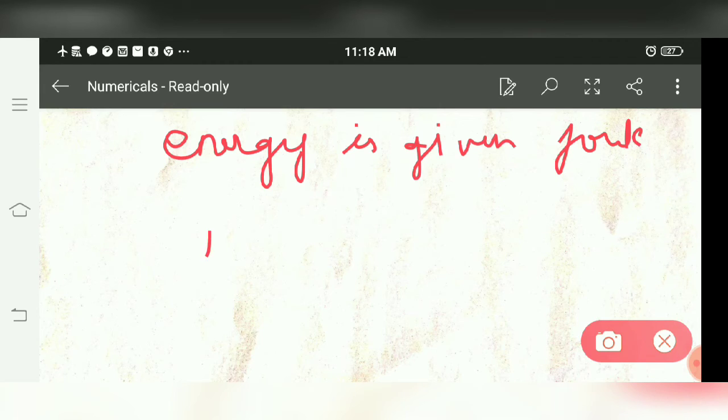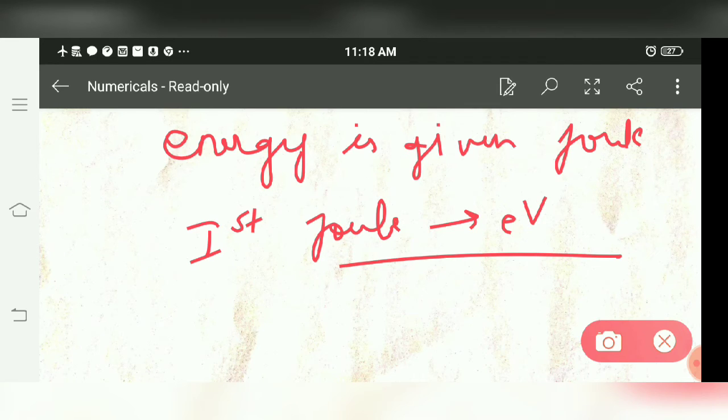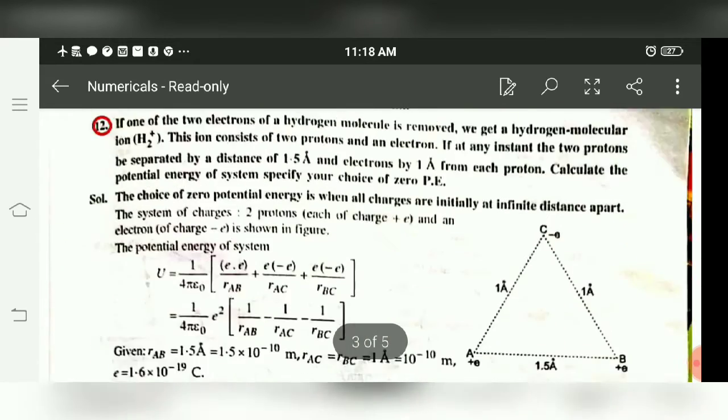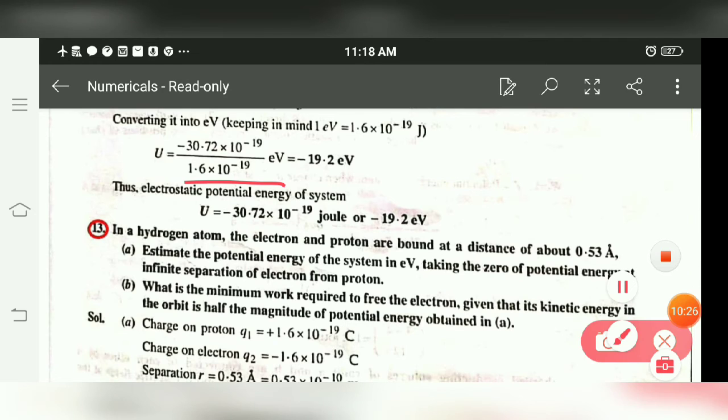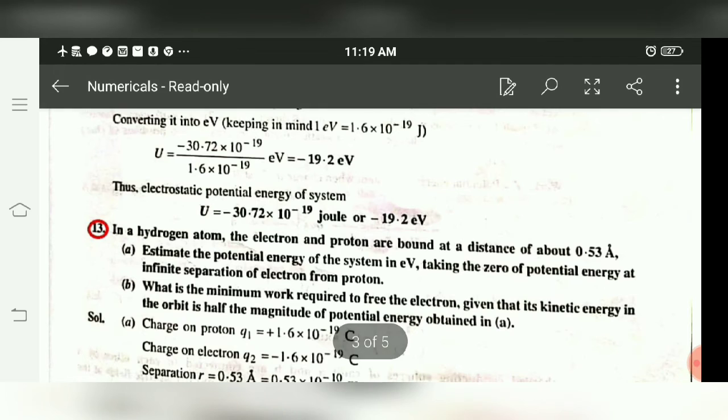Then the first step is to convert joule into electron volt, then solve the rest of the steps of the question. So this is the way you can convert joule into electron volt, by dividing the result by 1.6 into 10 raised to power minus 19.